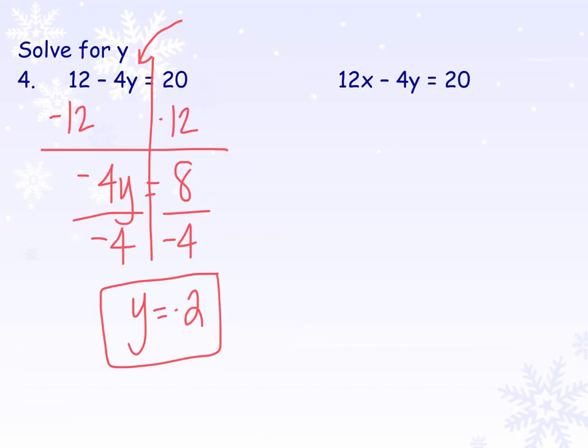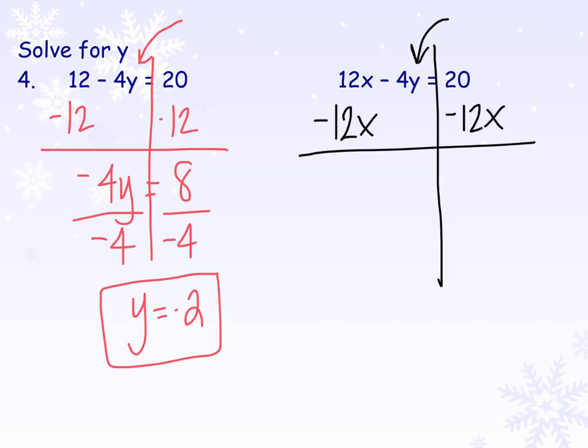Looking at the equation on the right side, again, solving for y. Looking at how similar this is, now I just have an x attached to my 12. So my steps will look almost identical. I'll subtract 12x, the whole term, away. Then I have negative 4y equals 20 minus 12x.